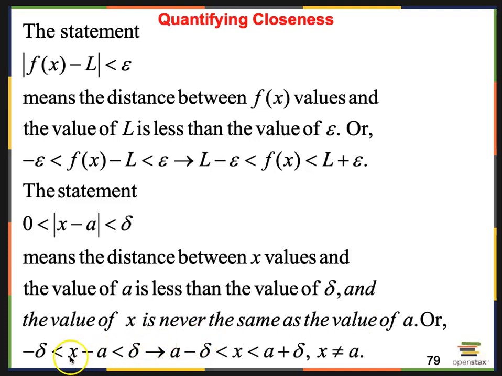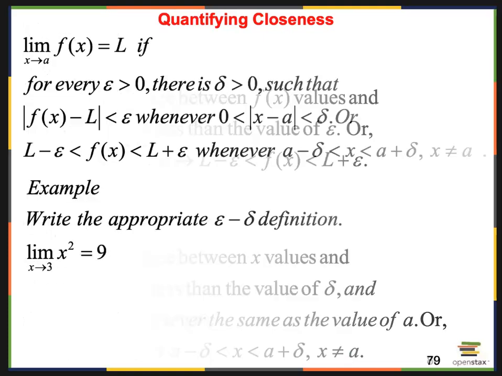Or, again, we split this into a two-part inequality. We have x minus a is greater than negative delta, and x minus a is less than delta. And if we solve that for x, you can see what we have here. And remember, x cannot equal a. So that's part of our precise definition.